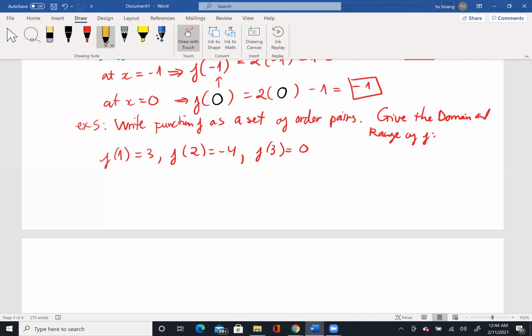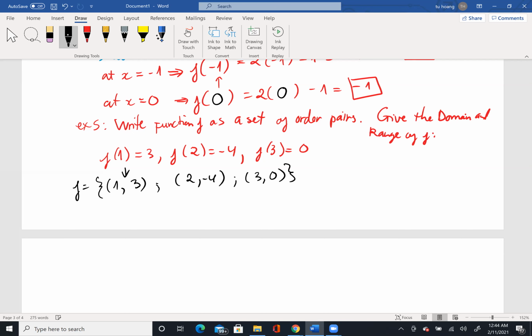So I can have an ordered pair for the first one here. It's going to be 1, 3, right? Input is 1, output is 3. Okay, the second one is going to give me 2, negative 4. And the third one will give me 3, 0. So this should be the set of ordered pairs.